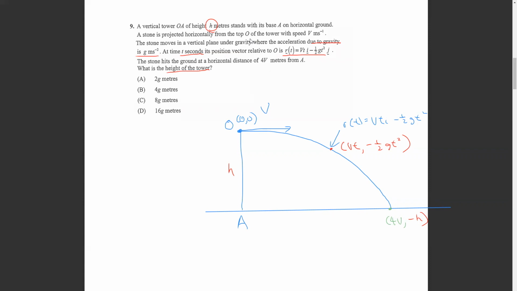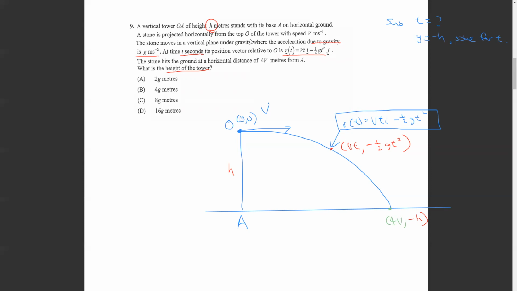So it's quite simple. You know that this is what you have here, so all you really need to do is sub it in. We don't know t, which means we might need to work that out first. So we want to sub y equals negative h and solve for t.